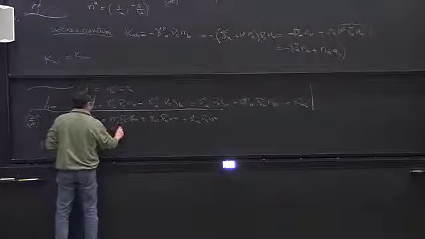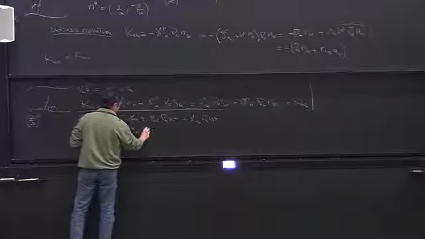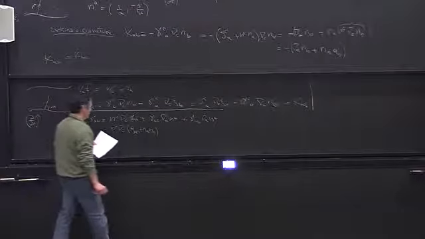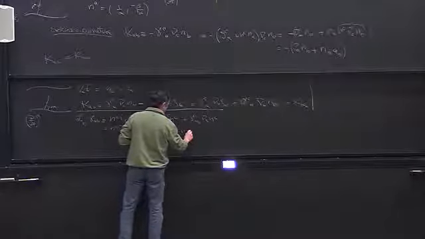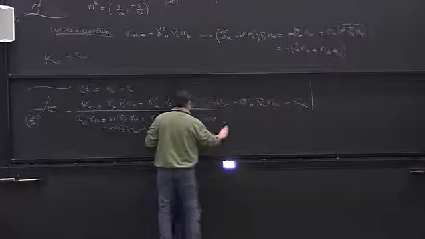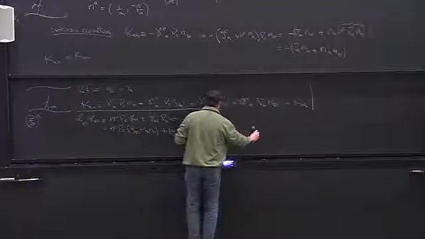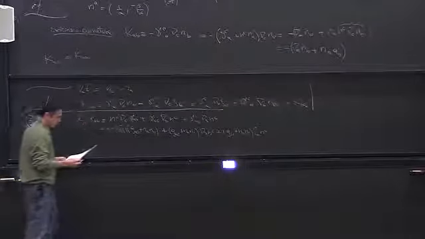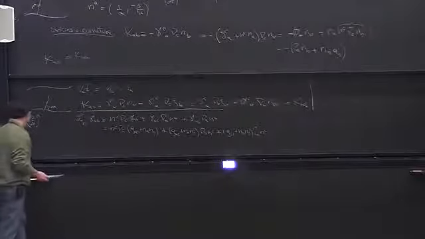So this is NC, C. Let's write this in terms of the metric and the normal. Let's scratch out things that are 0.